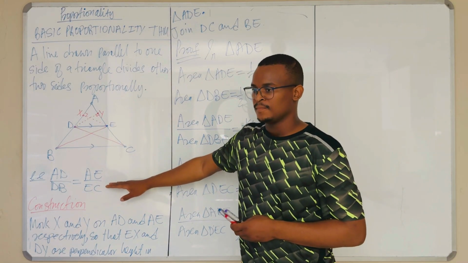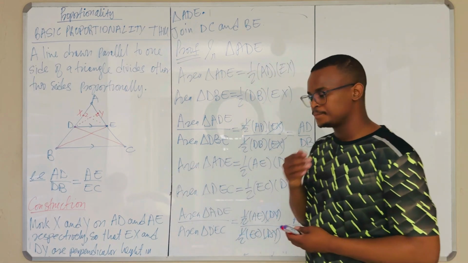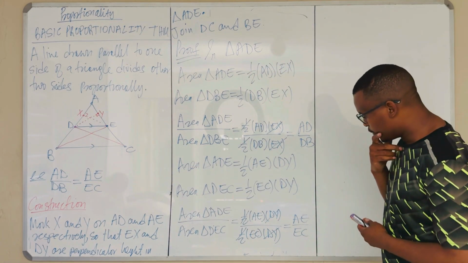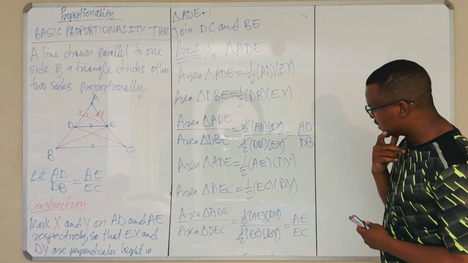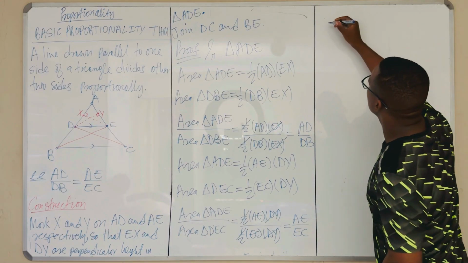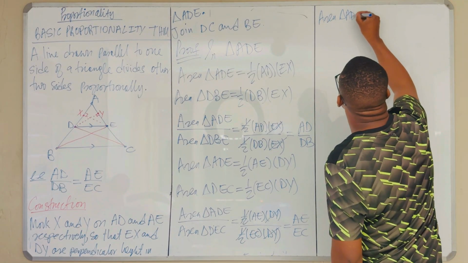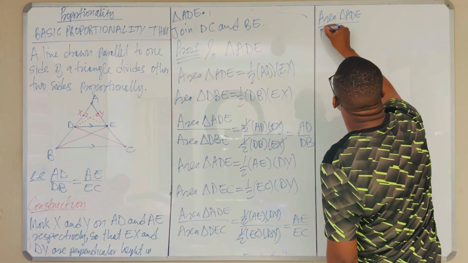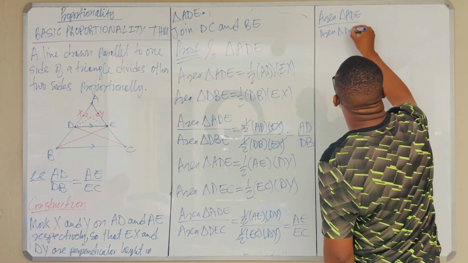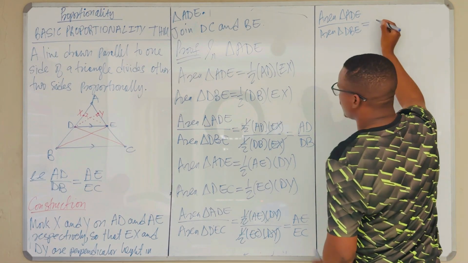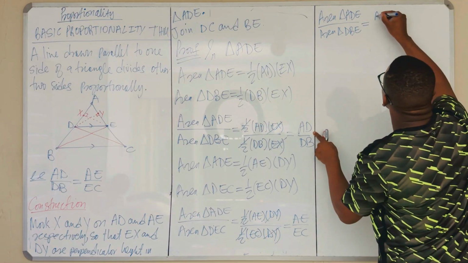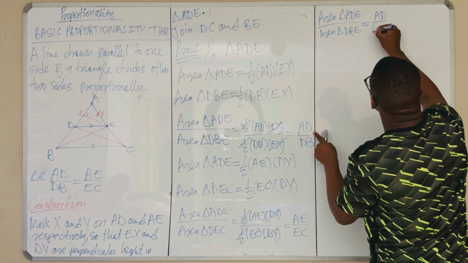What we have done so far is we have found that the area of triangle ADE over the area of triangle DBE is equal to AD over DB. Do you agree?